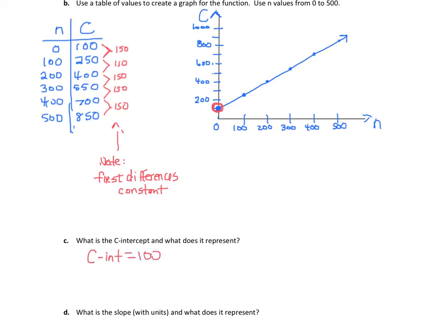And what does that represent? That would be your fixed cost, the fixed cost of your rental. So in other words, even if you don't drive any kilometers, that would be your fixed cost for renting the car. So this is the fixed cost of the rental.